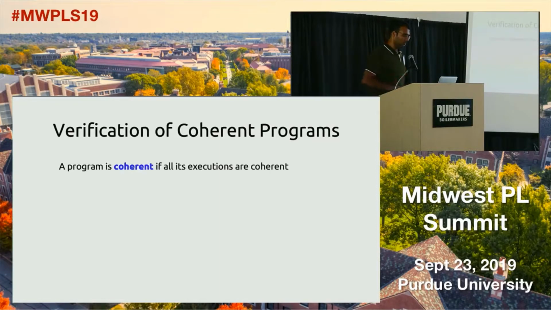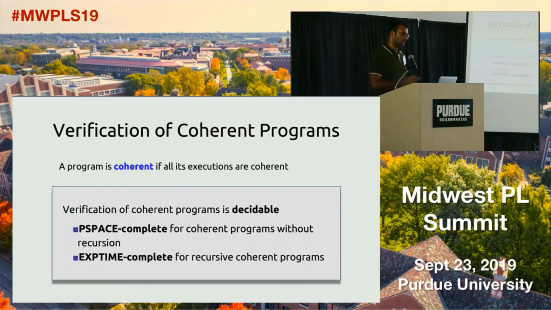Okay, so a program is said to be coherent if all its executions are coherent, meaning they satisfy the two requirements, memoizing and early assumes. Now, we show that for this class of programs, verification is decidable. That is, for programs without recursion, you get PSPACE completeness. And when you have recursion, you have EXPTIME completeness.